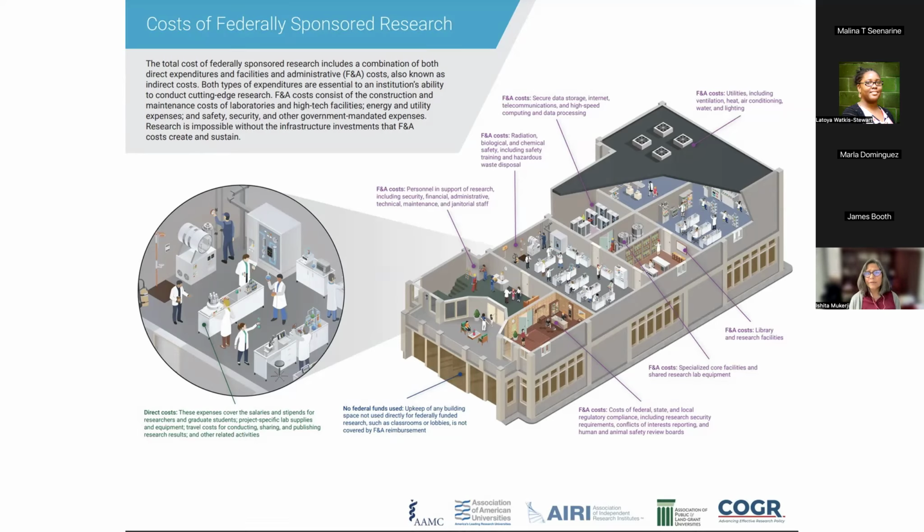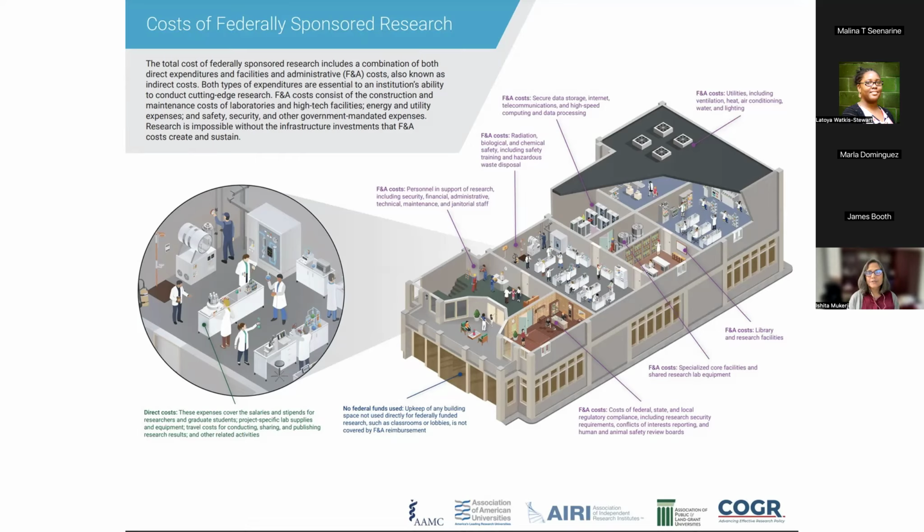Other things that come under indirect costs: this is a room full of servers, okay? So it's costs associated with data storage, access to the internet, telecommunications, your high-speed computing, data processing, and things like that.